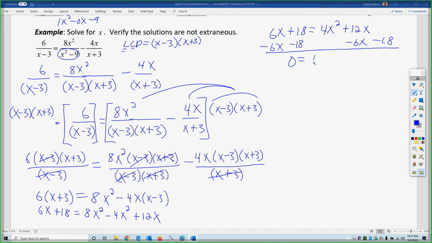So 0 equals 4x squared plus 6x minus 18. We can factor from here, but we might as well make it easier for ourselves by factoring out a common 2. So it's 2 times 2x squared plus 3x minus 9.